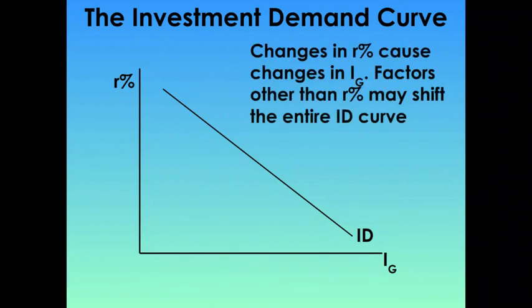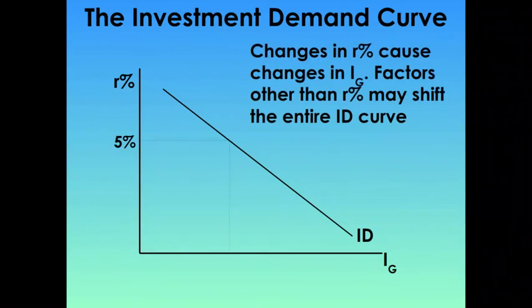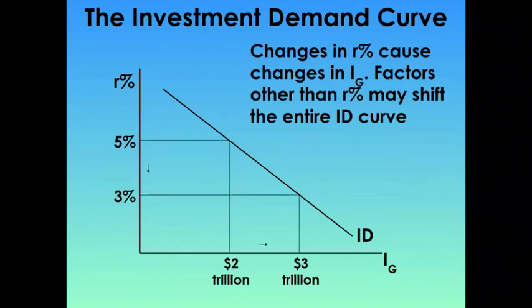When this interest rate changes, it can cause that demand curve to shift left or right. So here's just an example. You see at 5% interest, this isn't how the graph normally looks. Normally, you're just going to see this. But this is just showing you that at 5%, if that would be the interest rate, we might only see $2 trillion invested.